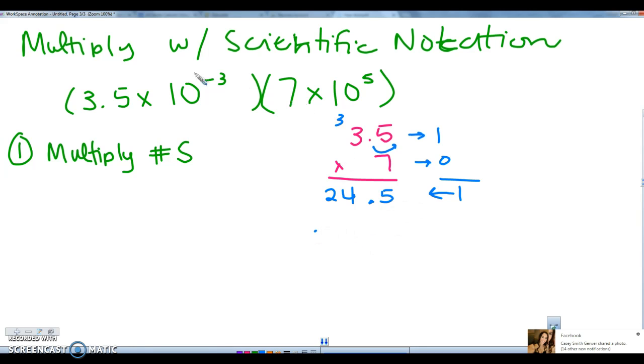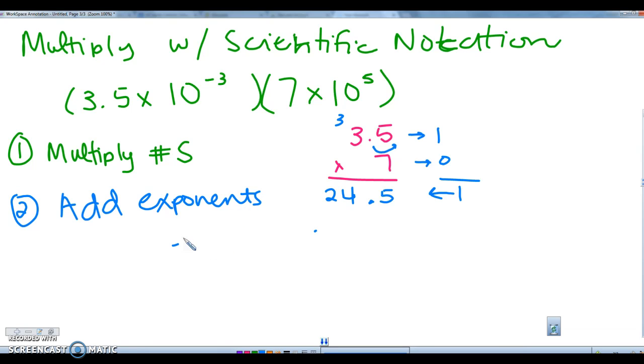And then I know when I have the same base, I can add the exponents. So I have negative 3 plus 5, which is 2. So I have 24.5 times 10 to the second.